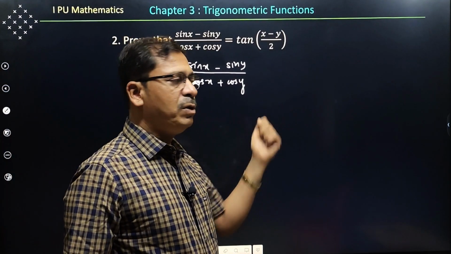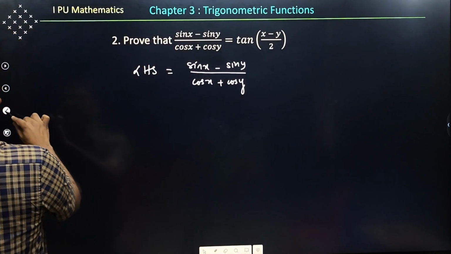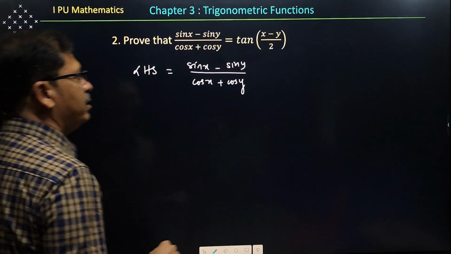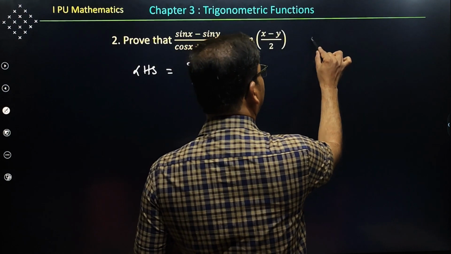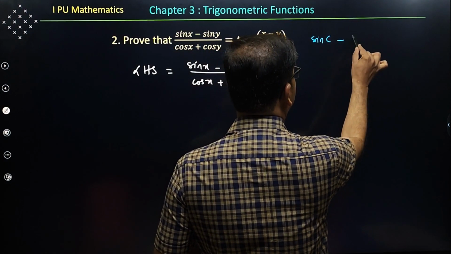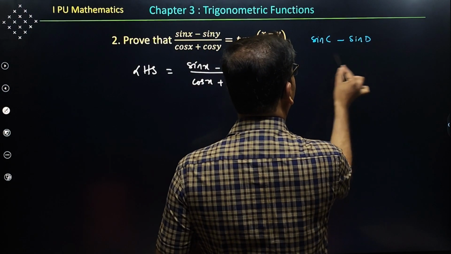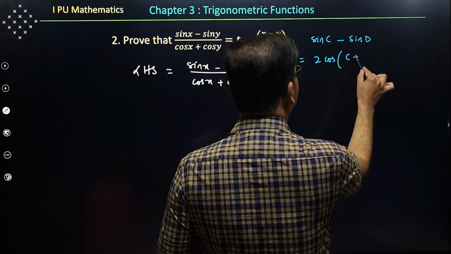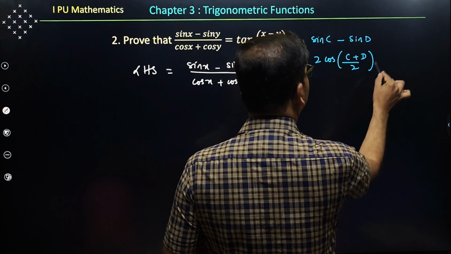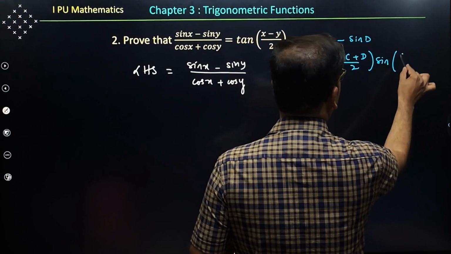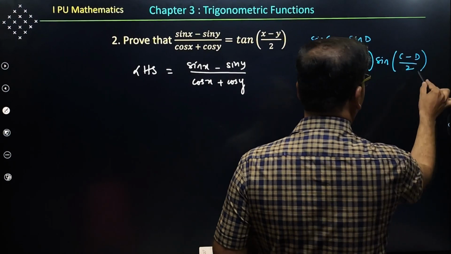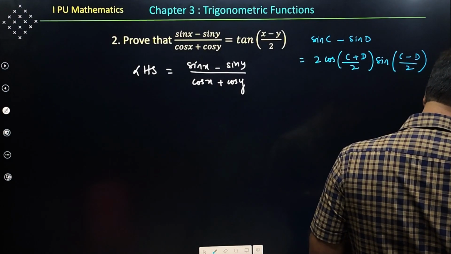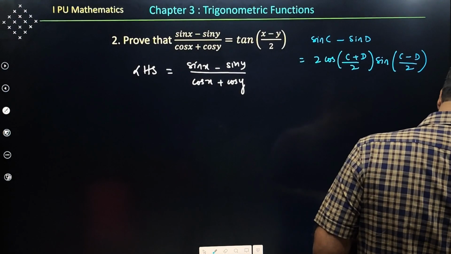For the numerator, we use the formula sin c minus sin d, which is equal to 2 cos of (c plus d) divided by 2 into sin of (c minus d) divided by 2. So this is the formula for sin c minus sin d here.